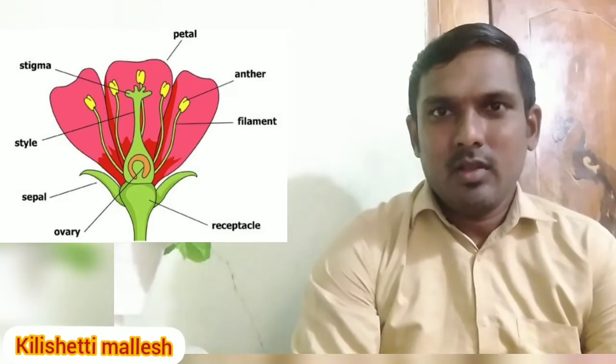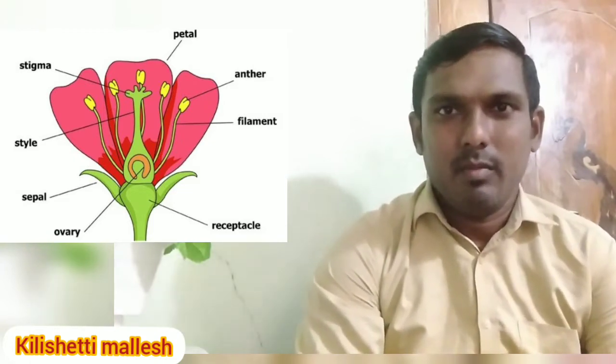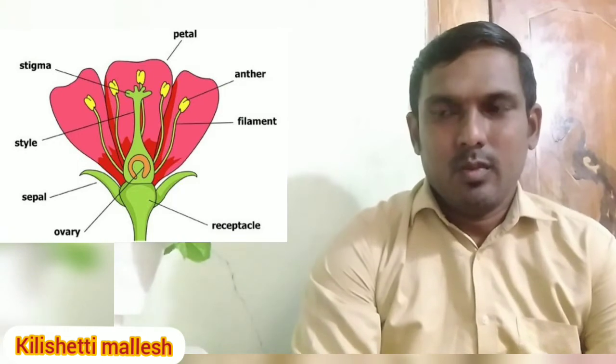The flower contains different parts: the stalk, the calyx, corolla, androecium, and gynoecium. Androecium, the male part, contains the stamen, anther, and pollen grains, and gynoecium contains the stigma, style, and ovary. So these are the parts of the flower.